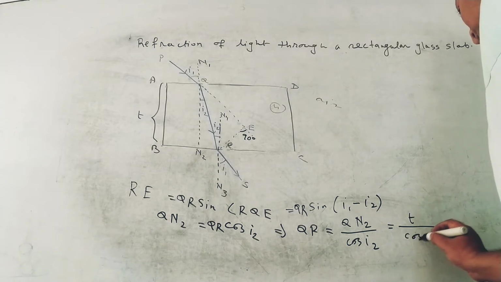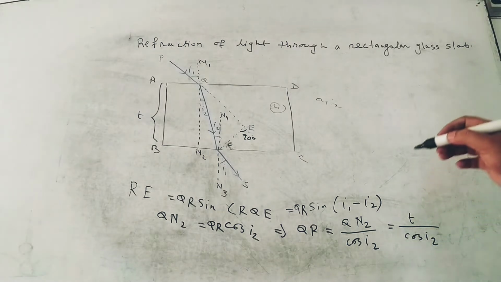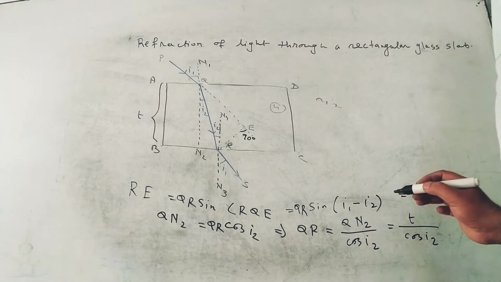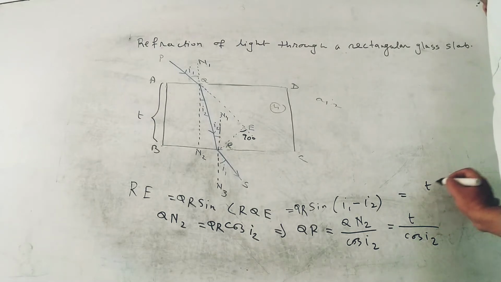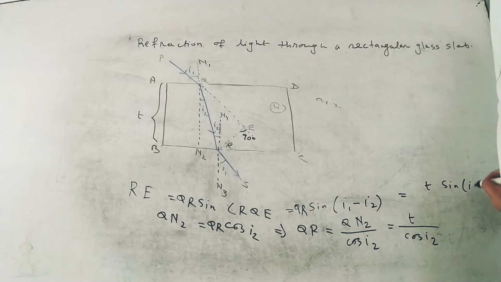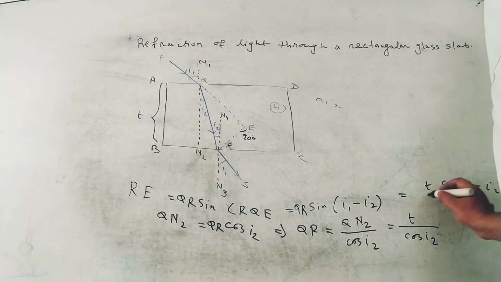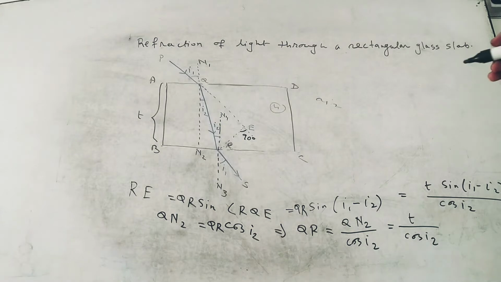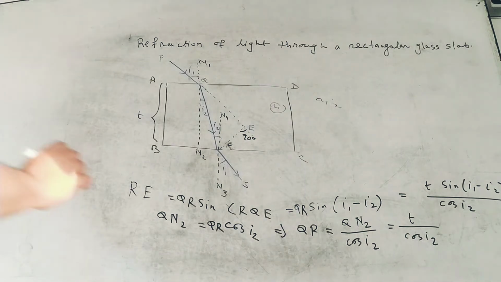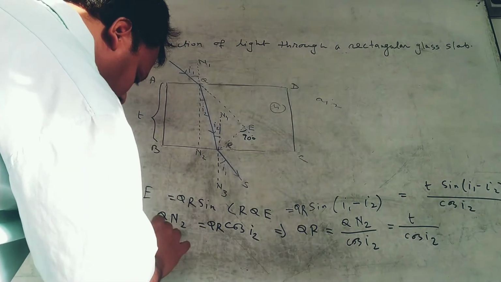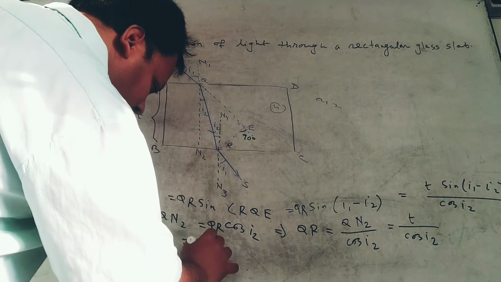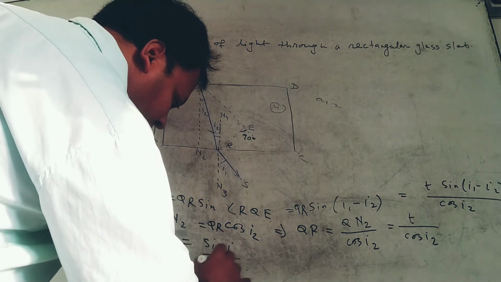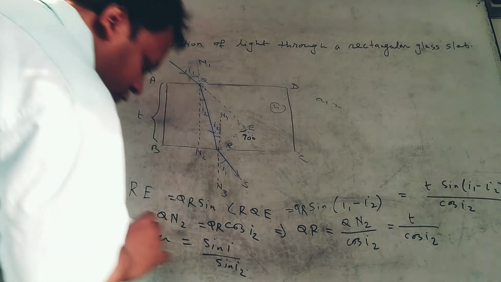Therefore, lateral displacement is equal to T into sine I1 minus I2 by cos I2. From Snell's law, we can also write mu is equal to sine I1 by sine I2.